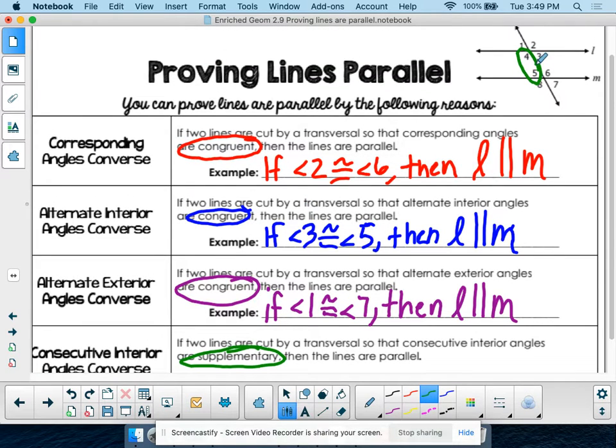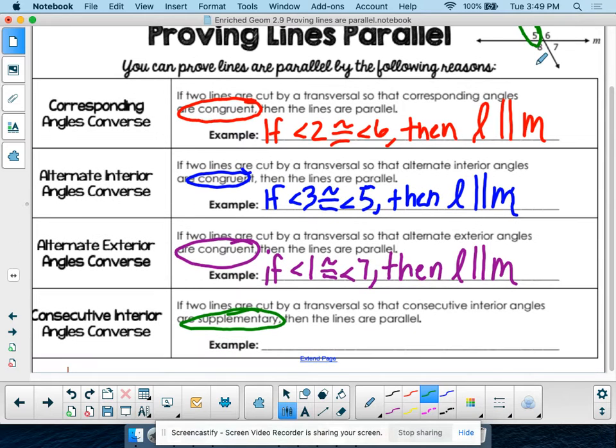So 4 and 5 add to 180, the lines are parallel. Let's write that down. If angle 4 plus angle 5 equals 180, then lines are parallel. So L is parallel to M. It seemed like a lot of writing, but it's good for us to do that.